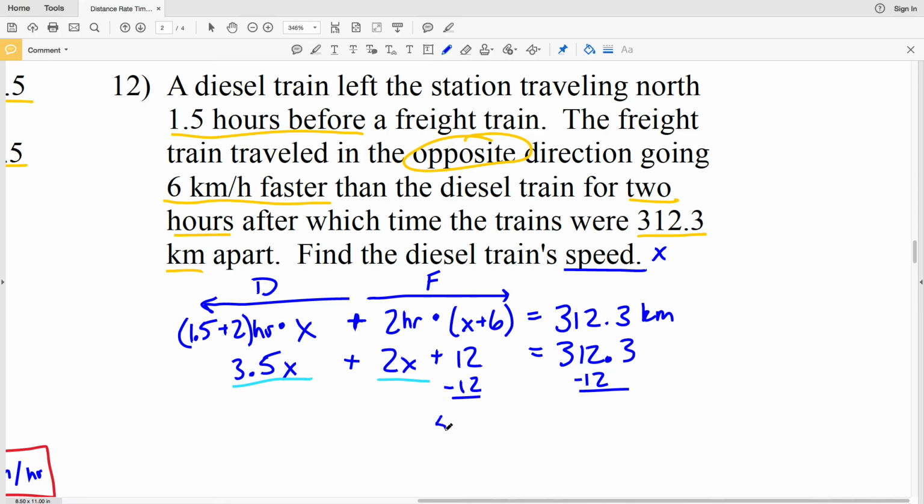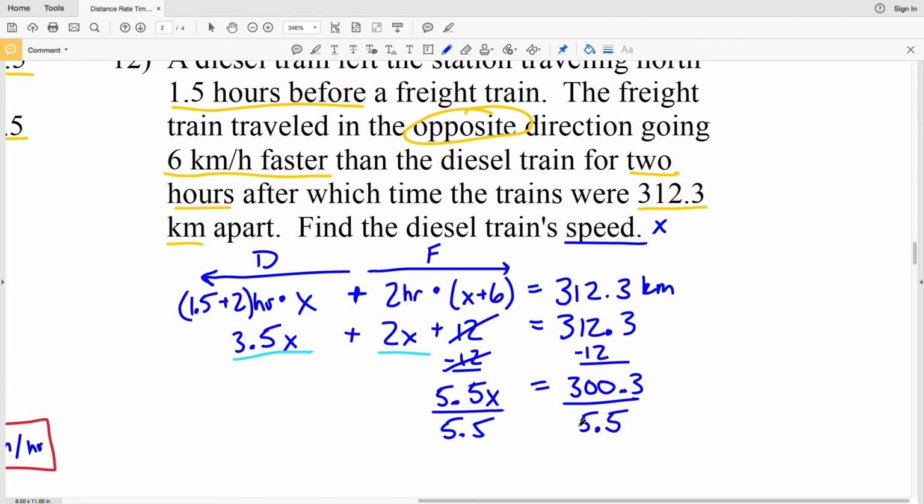3.5x plus 2x is 5.5x. 12 minus 12 cancels out to be 0. 312.3 minus 12 is 300.3. Next, all I have to do is divide both sides by 5.5 to isolate that variable in order to find out what it's equal to.